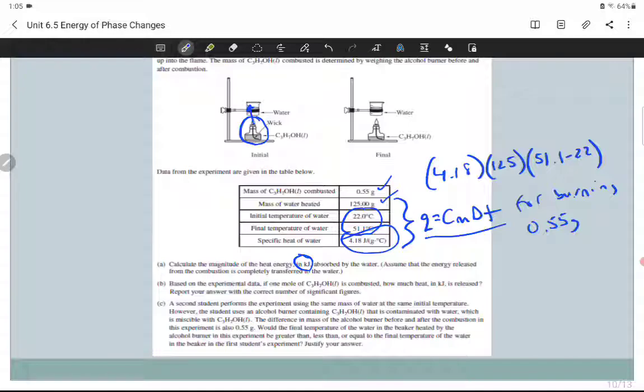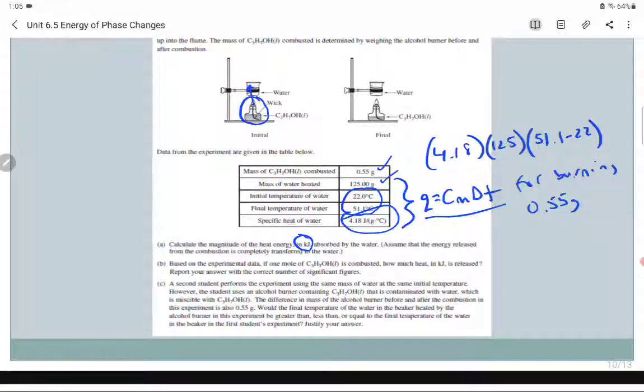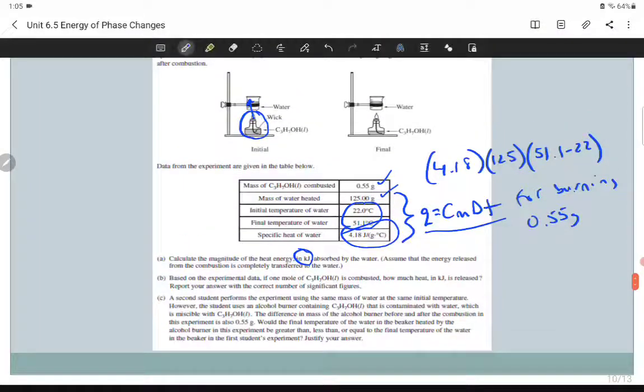So, is 0.55 grams a mole? I doubt it. So, how would you figure that out? You'd have to convert this 0.55 grams into moles, and then multiply it by 1 mole.